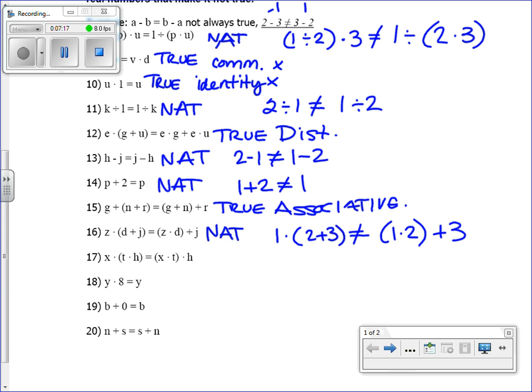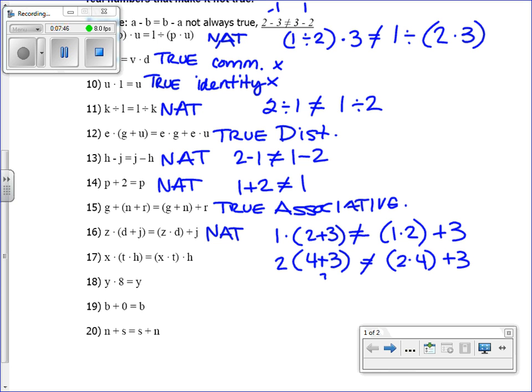Let's try another one. 2 times 4 plus 3 equals 2 times 4 plus 3. Let's see. 4 plus 3 is 7, so it'd be 14. 2 times 4 is 8. 8 plus 3 is 11.